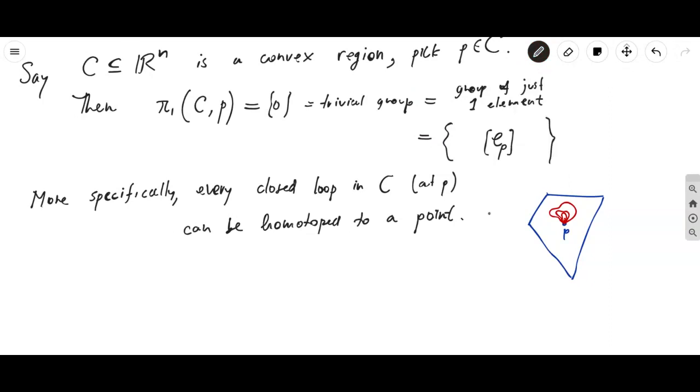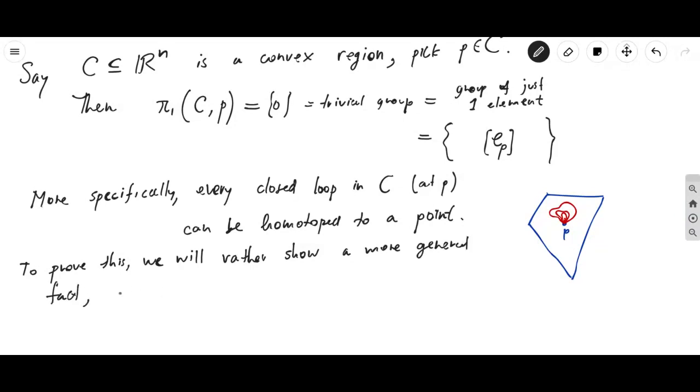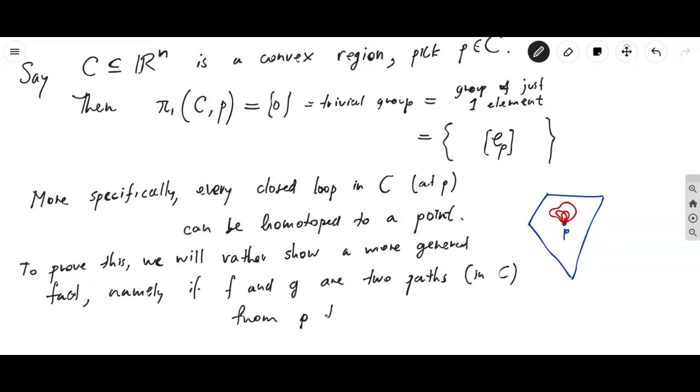So let's actually prove something a bit more general. To prove this, we will rather show a more general fact, namely, if f and g are two paths in C from P to Q, so it does not have to be closed paths, then f can be homotoped to g.